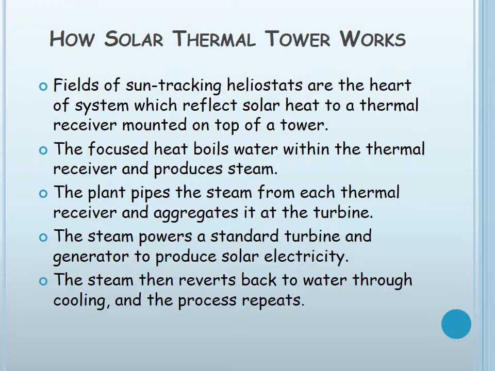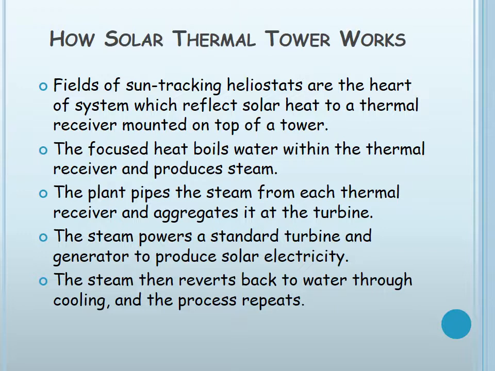The focused heat boils the water in the thermal receivers, producing steam. Then the plant pipes the steam from each thermal receiver and aggregates it at the turbine. The steam powers the standard turbine and generator to produce electricity.